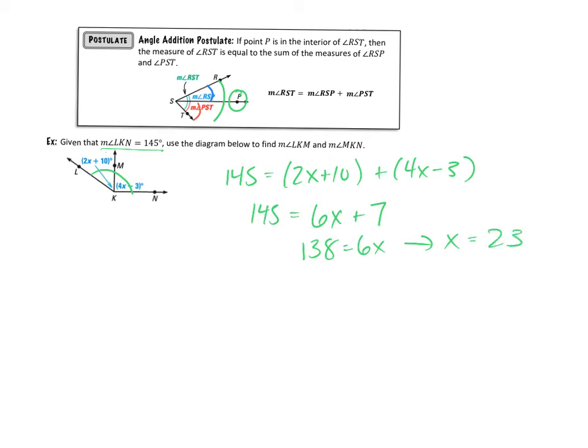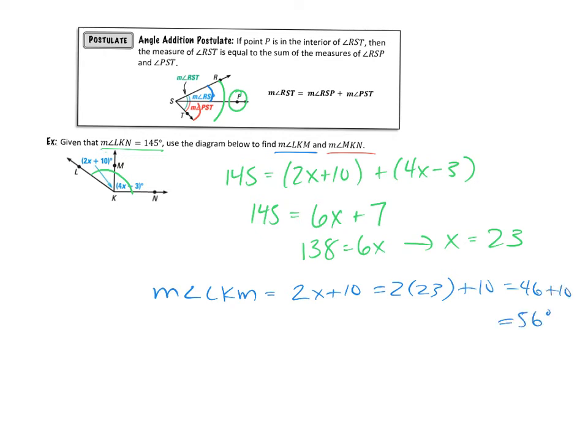Now, what the question actually asked us for was the measure of LKM and the measure of MKN. So we need to go back and plug x in to solve for those values. So the measure of angle LKM is equal to 2x plus 10, which equals 2 times 23 plus 10, or 46 plus 10, which is 56 degrees.